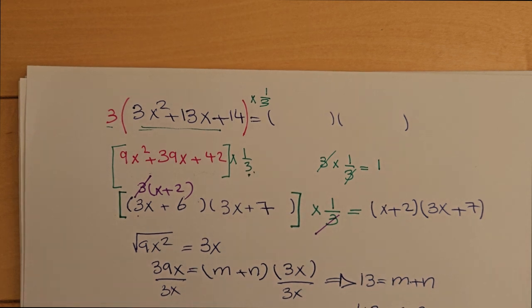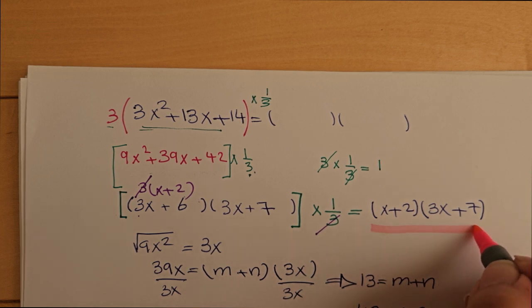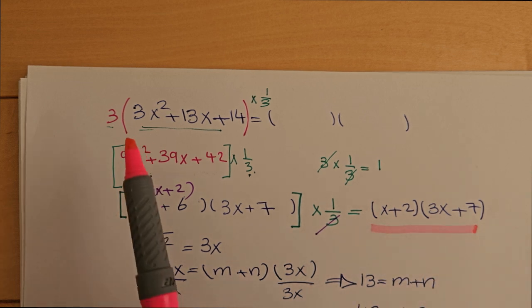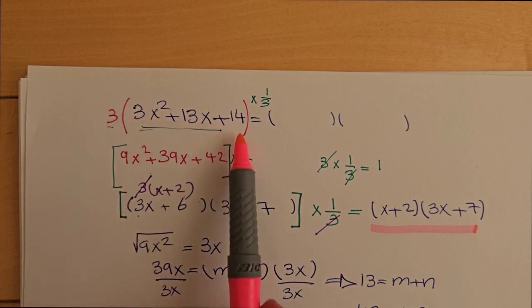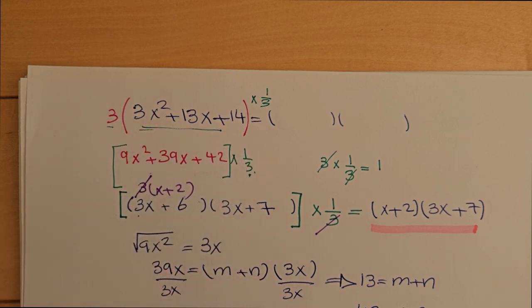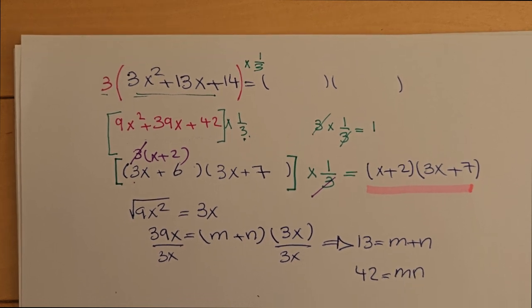And as you know, if you FOIL back these two together, you will get exactly this answer inside the pink brackets. You can give it a try and see if these two actually are equal together.